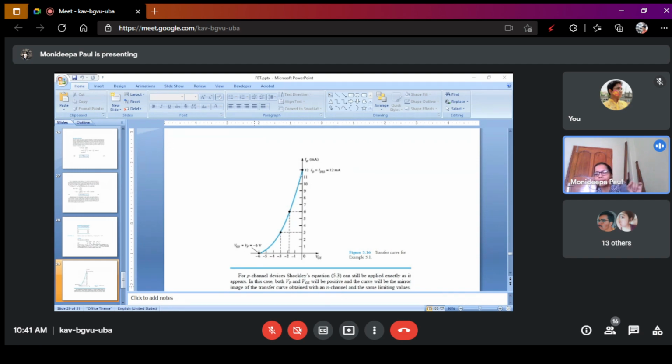So you apply this condition. VP is equal to VGS and ID is equal to 0. This is the fourth coordinate. You just draw the x-axis and y-axis, put the coordinates, and connect the 4 coordinates, and you get the characteristic curve.